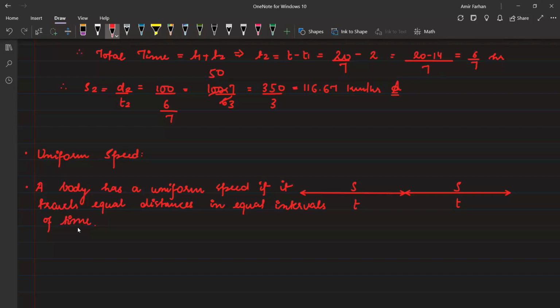So this is the uniform speed part. Got it? Sorry, my bad. Uniform speed. And what is uniform velocity basically?